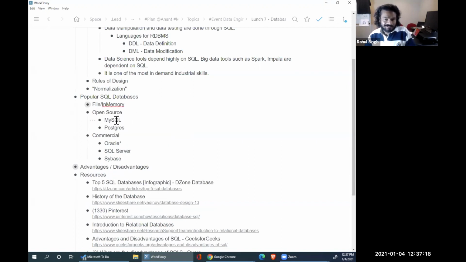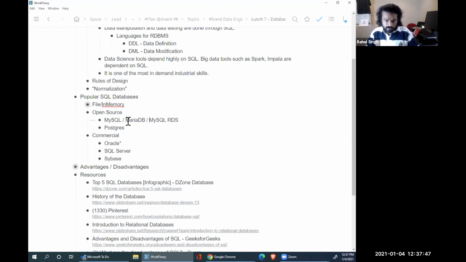Open source databases, I mean, the most common ones I've already mentioned. MySQL. Another flavor of MySQL, because Oracle bought MySQL, is MariaDB. If you want to be truly open source, you can use MariaDB. And then on Amazon, there is MySQL RDS, which is their kind of database as a service.